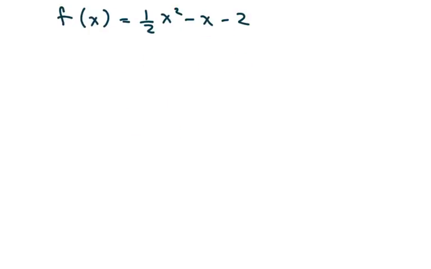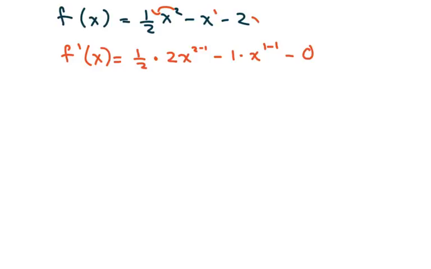The next one, we're going to do f of x, the derivative of x, equals 1/2 times, you bring this 2 in front, 2 times x to the 2 minus 1, there's a 1 there, times x to the 1 minus 1 minus 0, because that's x to the 0, so you're multiplying that.